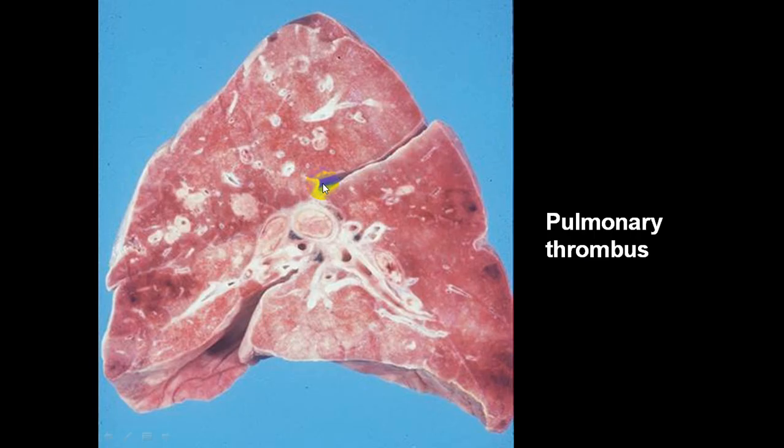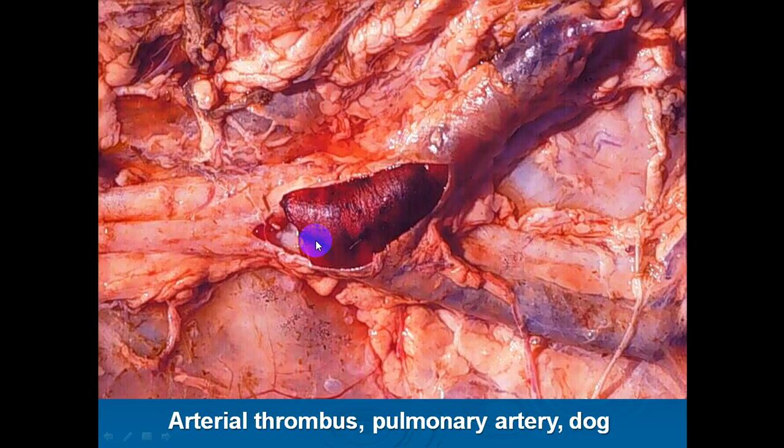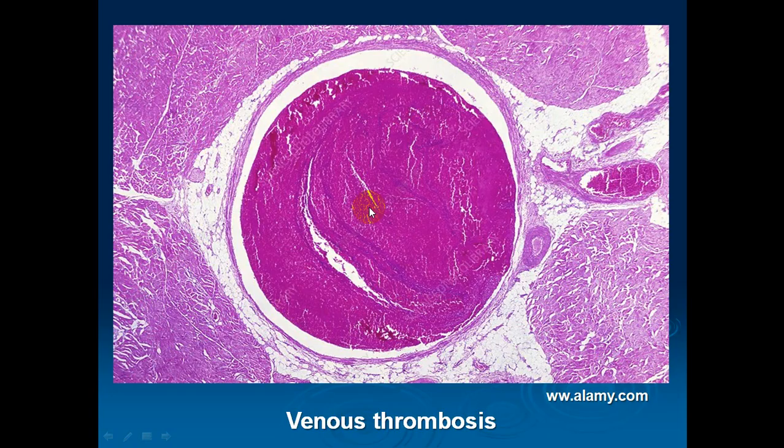This is a pulmonary thrombus, blocking the pulmonary artery here. And this is also a thrombus with a rough surface inside a pulmonary artery in a dog. It is strongly attached to the blood vessel. You can see the rough surface here.